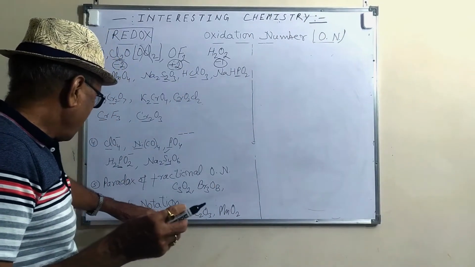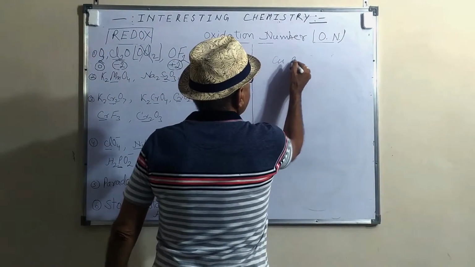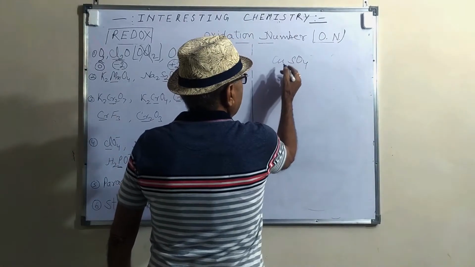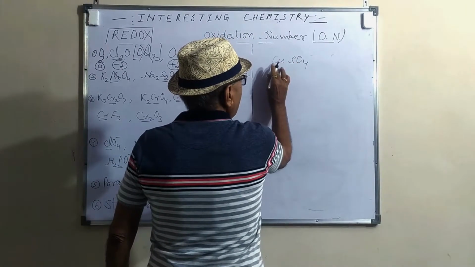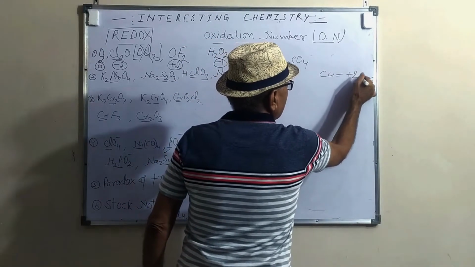Manganese has the maximum oxidation number. So how will you write it? Suppose this is CuSO4. The oxidation state of the copper is 2, Cu plus 2.